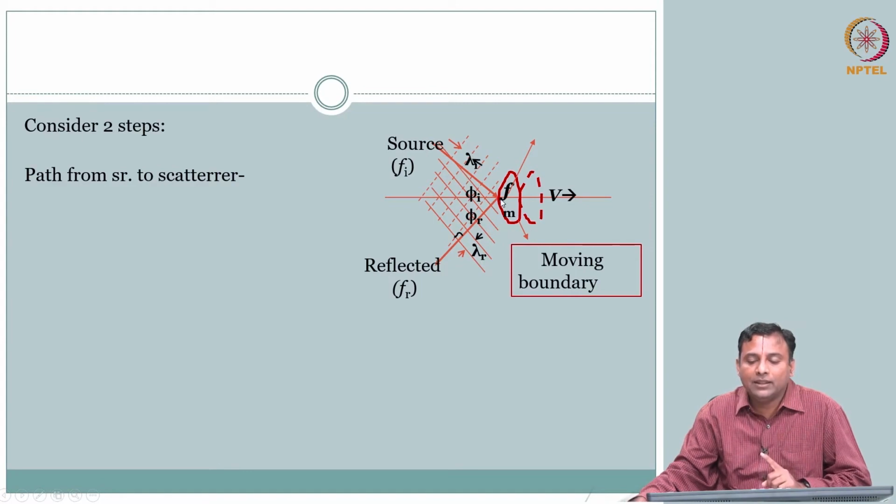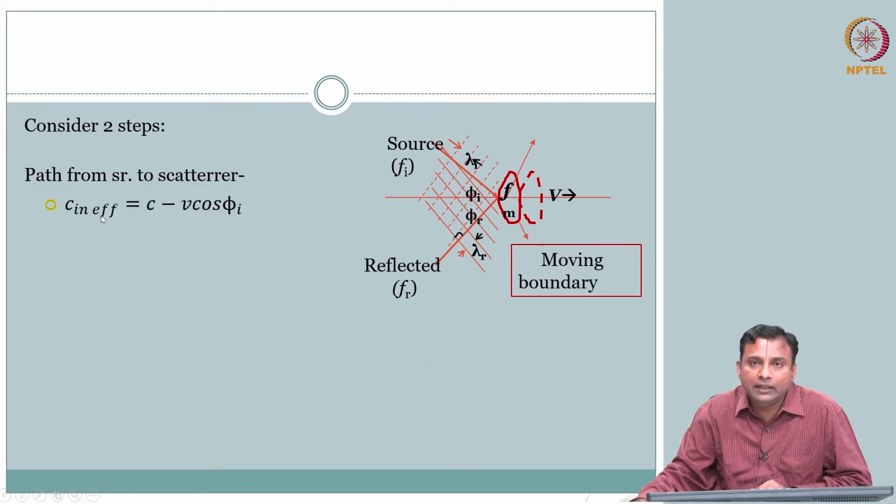So what is the velocity with which this phase is hitting this interface? Ideally it would be just c, the phase velocity in the medium, but now this object is also moving with a v. So there is going to be an effective velocity of the incoming waves because of the relative movement.